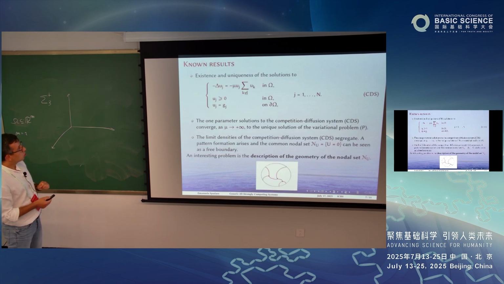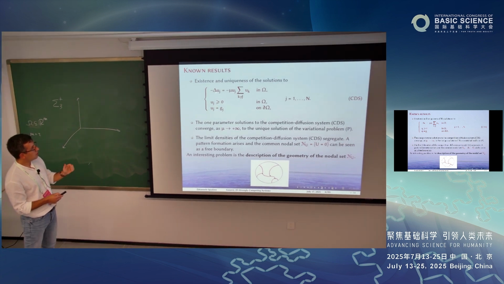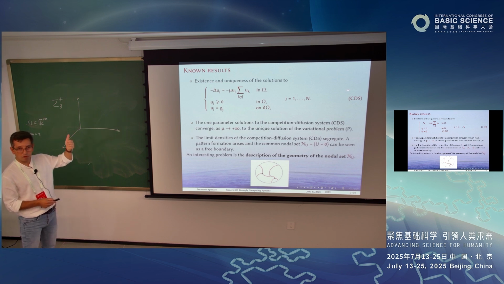Okay, so this said, what is our main object? Coming from this model for separation of species, so competing species, the singular limit as mu goes to 0 ends up in this problem of harmonic maps in these 2 singular spaces.